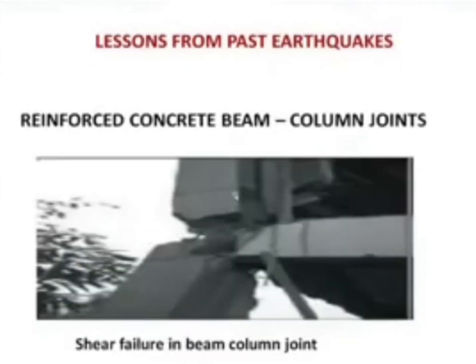Now, you see, this is another shear failure in column beam joints. It's very, very important. When you will be learning this in detail, and when you will be learning IS 13920 and how the column joints are to be detailed to achieve a certain level of ductility, then you will be able to appreciate better.